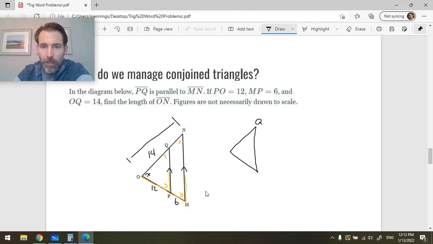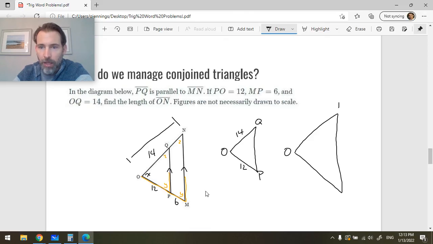Here's Q, and this is O, and this is 14, and this is 12, and this is P. And I know that it's similar to this bigger triangle, OMN. So I'm like the surgeon that separates the conjoined twins, and then they can lead their individual lives.